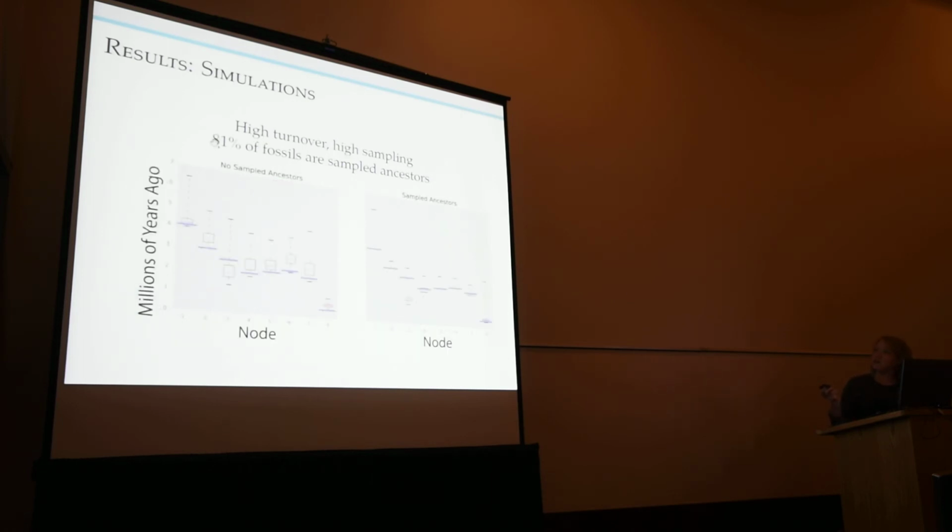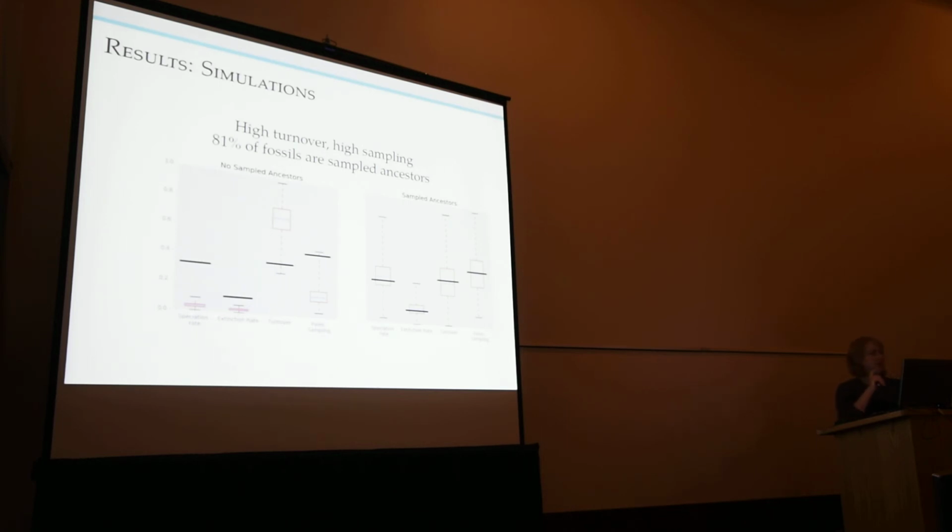As we increase the amount of fossils that are sampled ancestors, let me try and get rid of this hand. Okay, we find that this kind of node age effect tends to get even more inflated, where we're getting older and older ages. And again, we end up having this situation where we have really made speciation and extinction rate be quite high relative to each other, and so we're forcing that turnover parameter to be even higher.